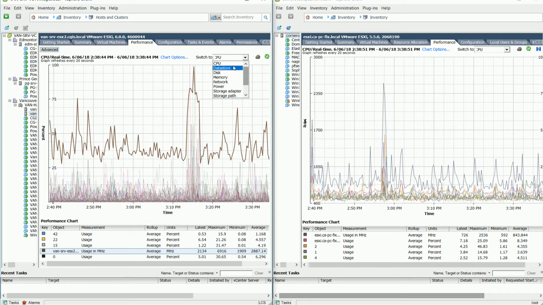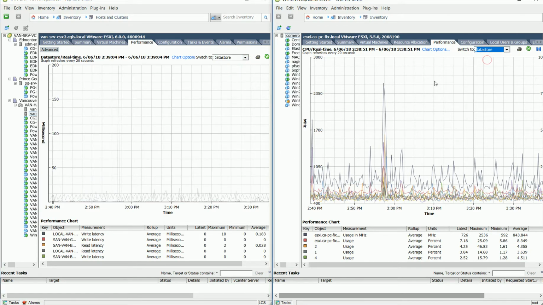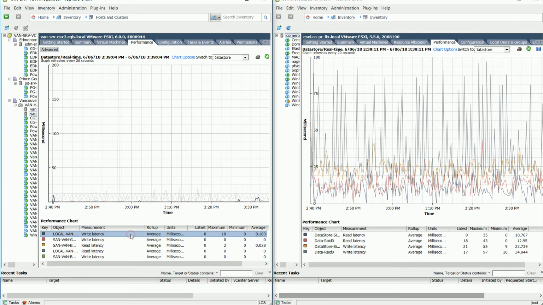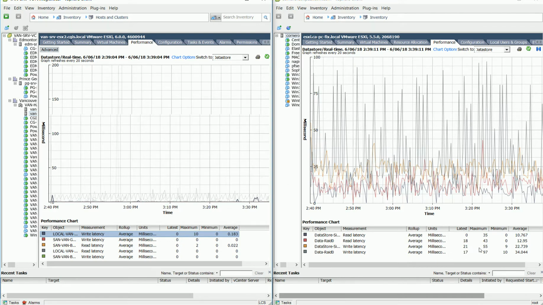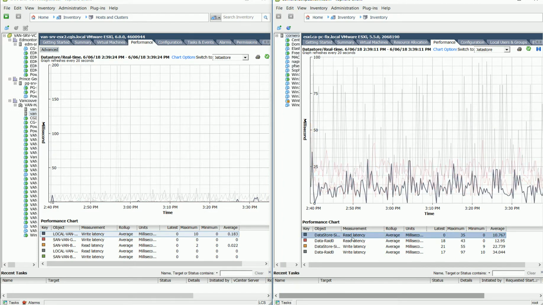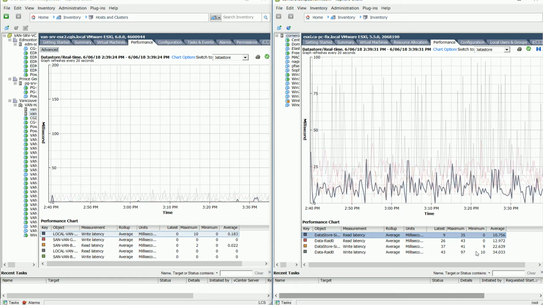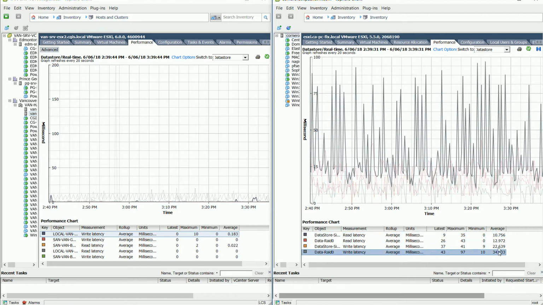If we look at the data store, it focuses on latency. For latency, the less the better. This one has two data stores, and the latency is 12 and 10. This is read, and the write latency is even longer.